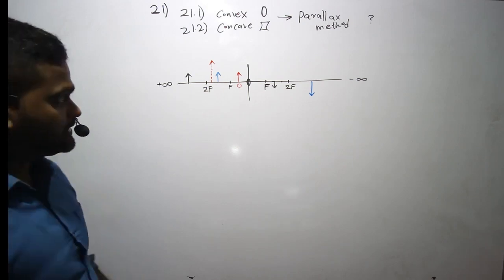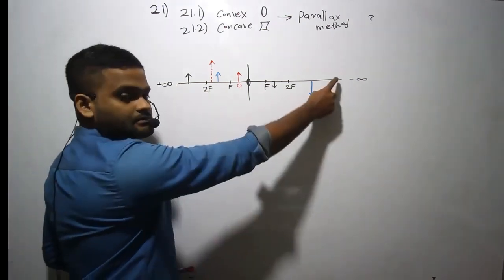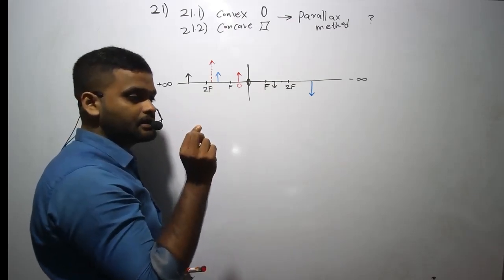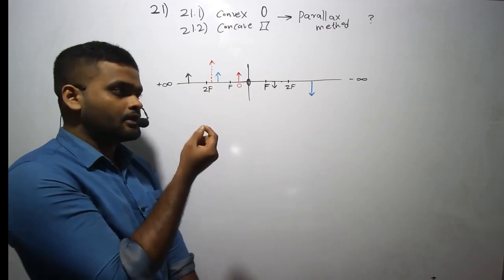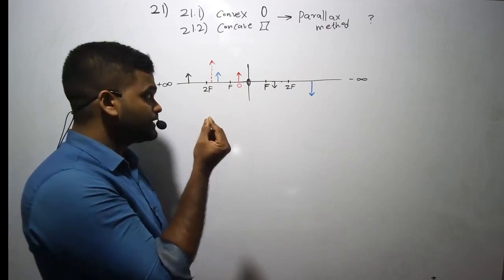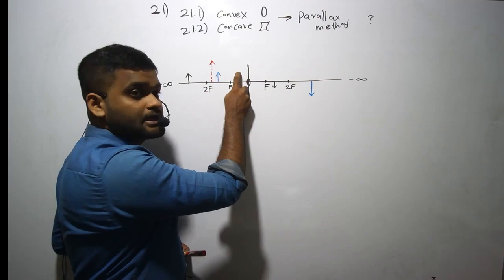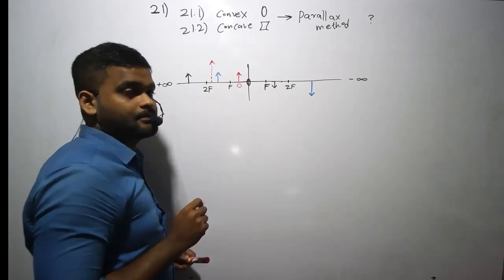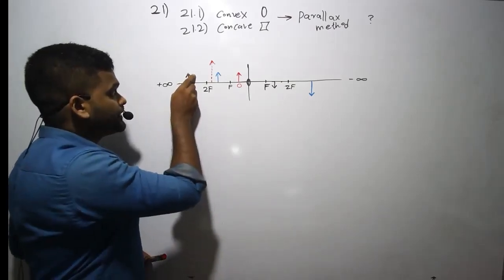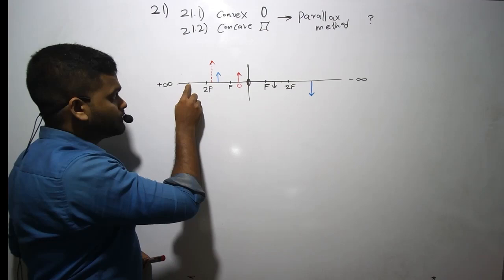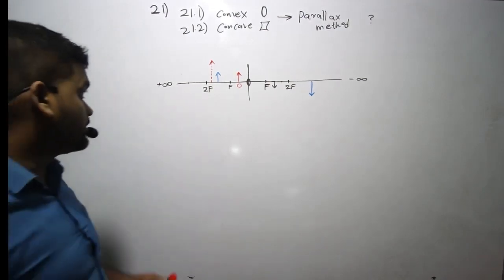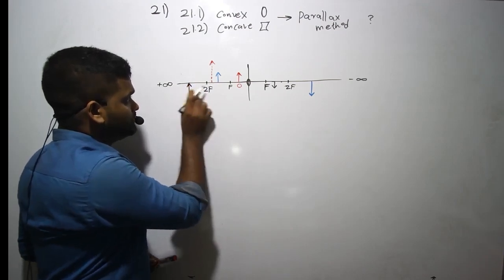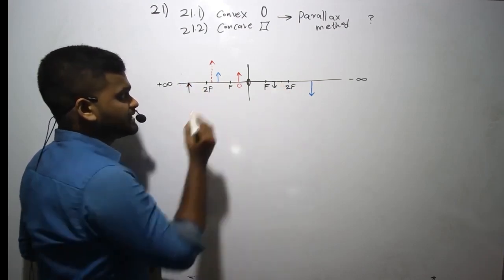So when you are doing the experiment, this is the principal axis, and you are going to use optical pins, right? For convenience, you need to keep the tips of the optical pins on the principal axis. So you need to place this object below here, so the tip of the optical pin or the object will be on the principal axis.